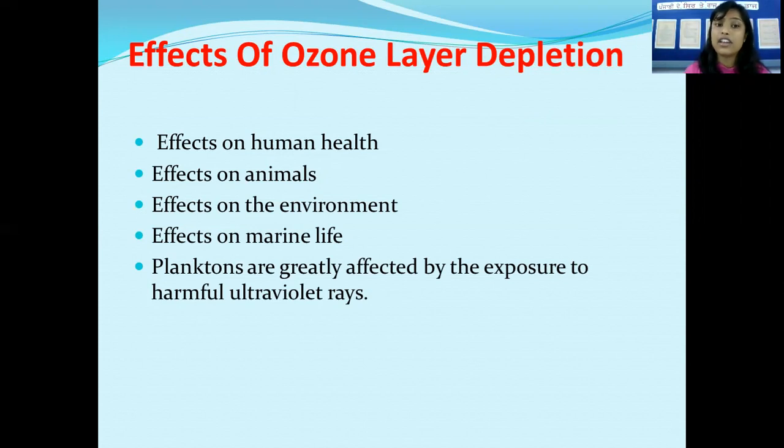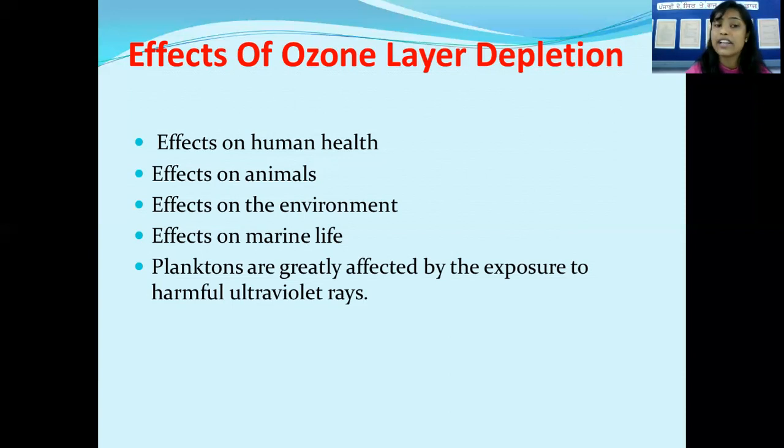Now, next comes the effects on animals. How is it affecting animals? The UV rays are causing skin and eye cancer in animals. The third point here is effects on the environment. How? The environment has a lot of plantation.